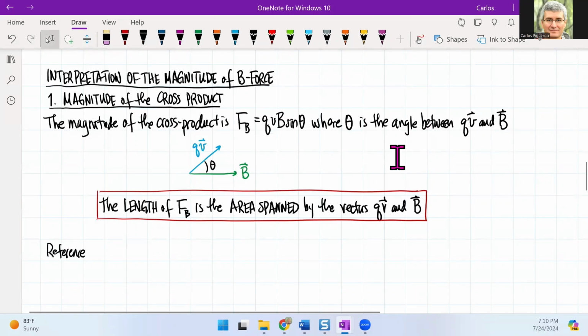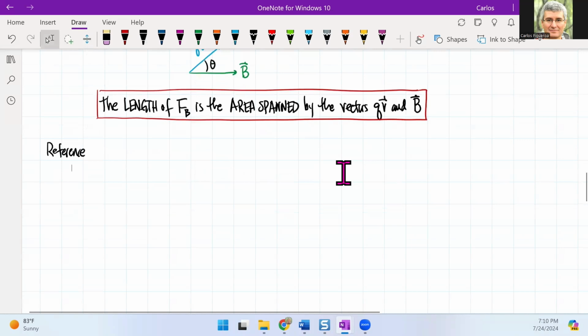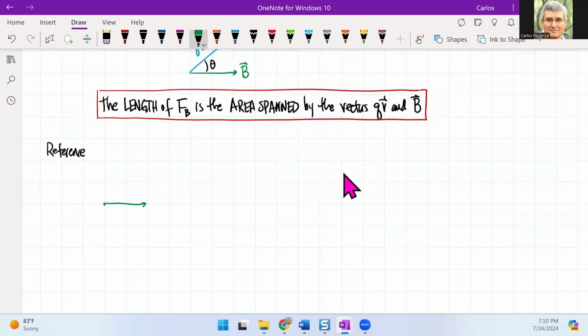For right now, I'm going to assume that everything's at 90 degrees. I'm going to have two vectors. I'm going to have a magnetic field vector, let's say 2 squares long, and then I'm going to pick this other vector, which is the charge times the velocity vector.